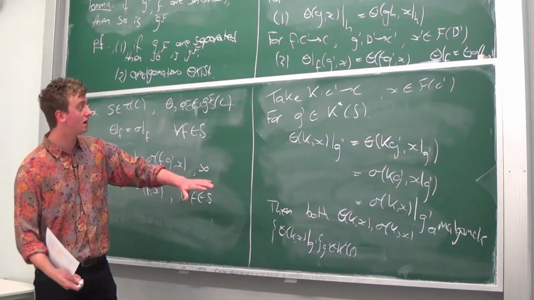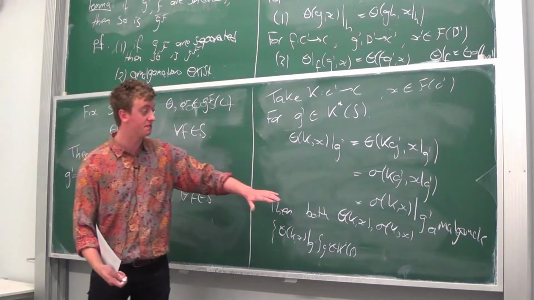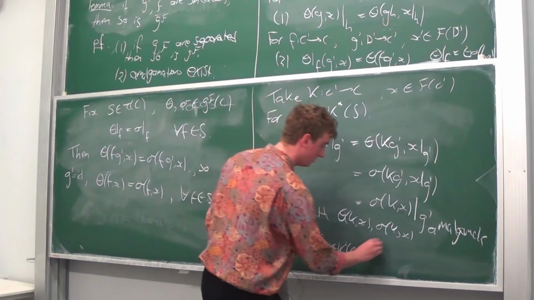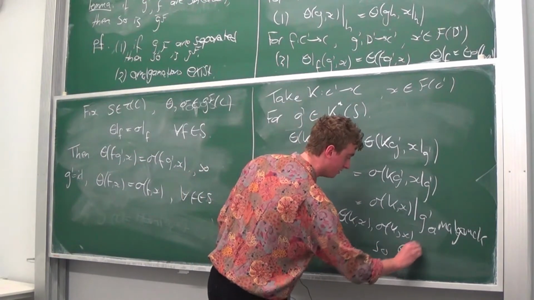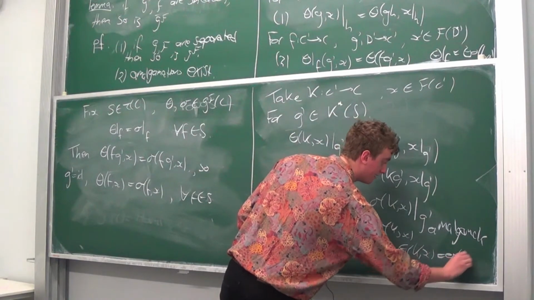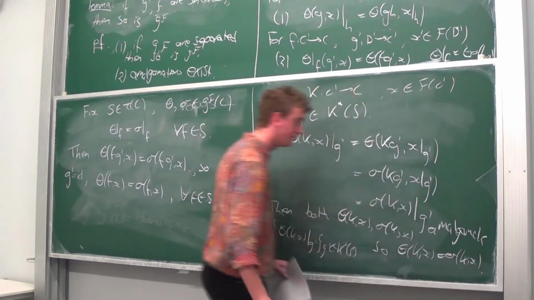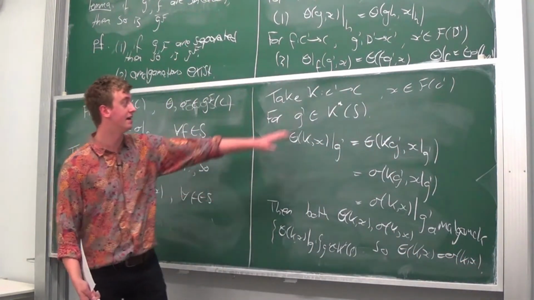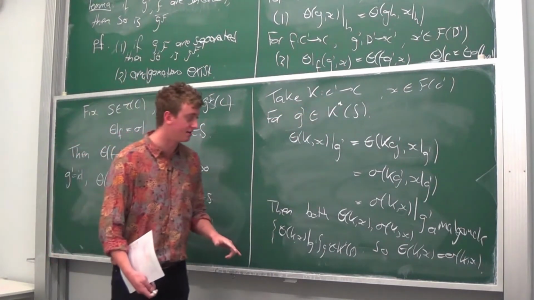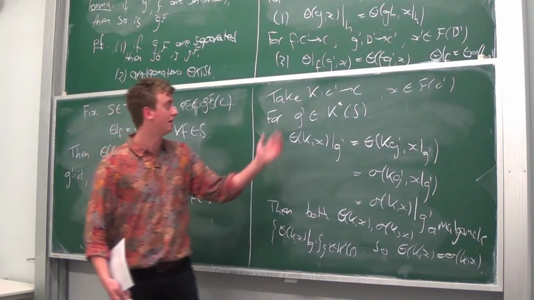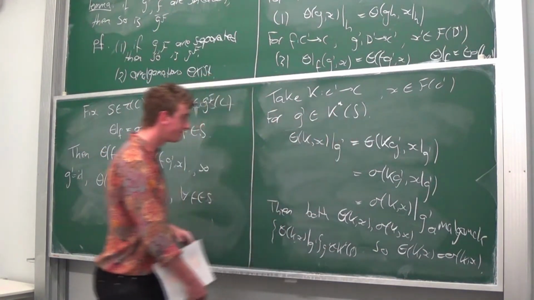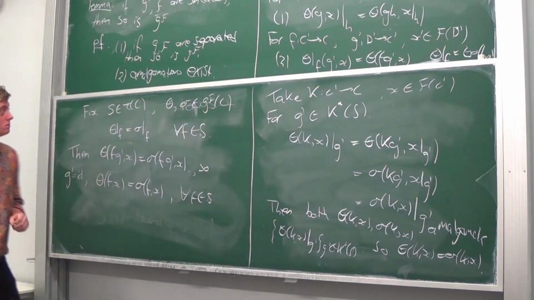But then since curly G was taken to be separated, the amalgamation has to be unique. So theta of Kx is equal to sigma of Kx, for any K, any morphism into C. But then of course this means that theta and sigma are equal, because we took K and x to just be arbitrary.